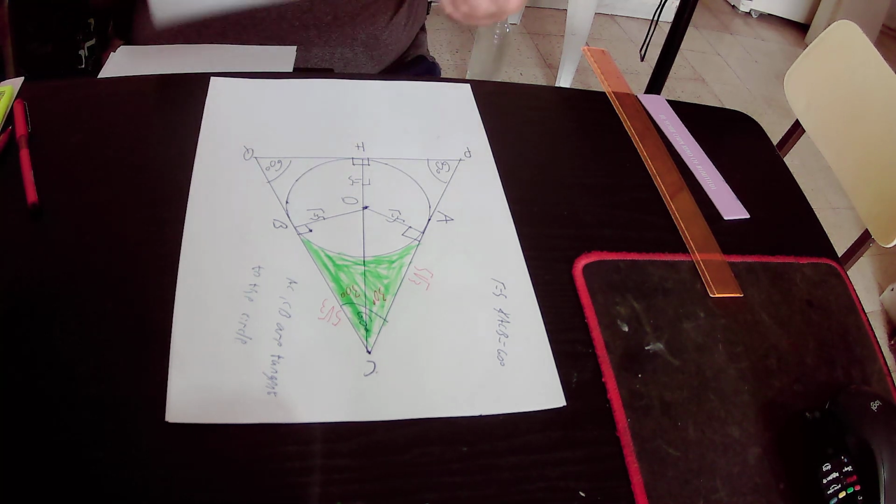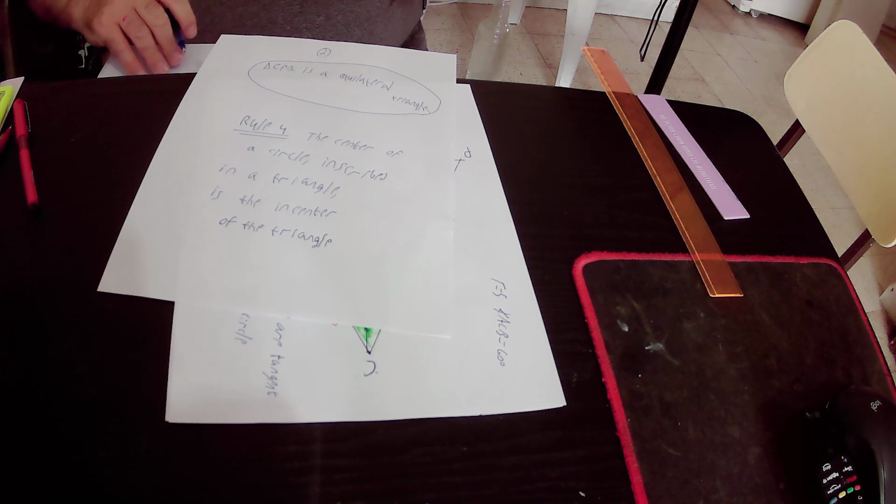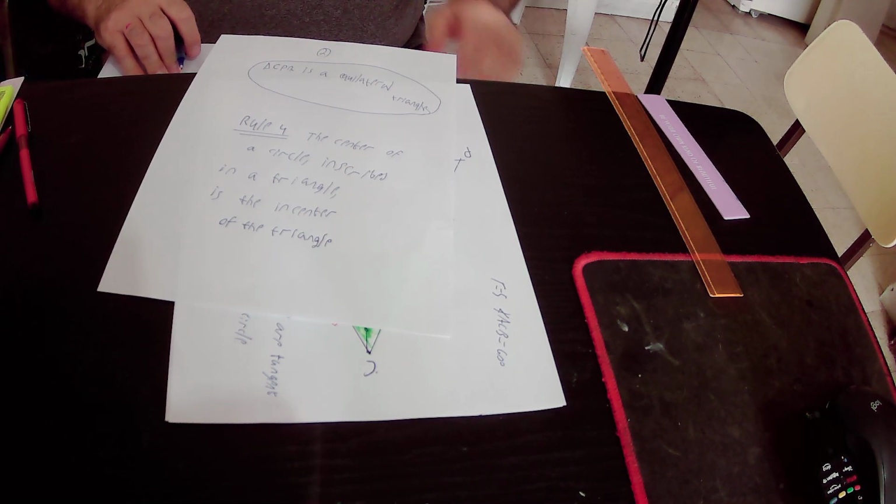So I will read rule number 4 again. Rule number 4 states that the center of a circle inscribed in a triangle is the incenter of the triangle.